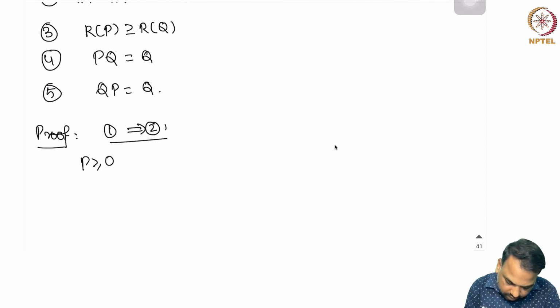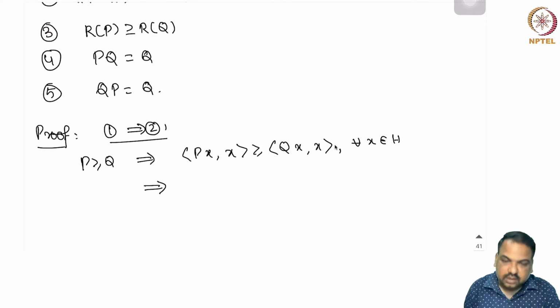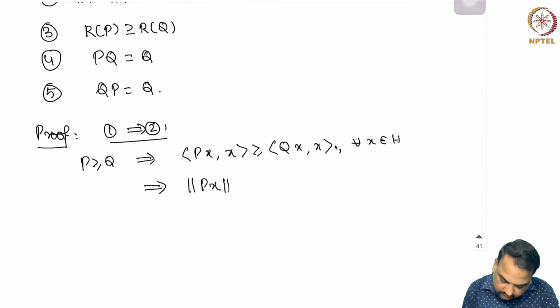P bigger than or equal to Q implies inner product of Px with x is always bigger than or equal to inner product of Qx with x for every x in H. Since P square equal to P and Q square equal to Q, we can replace P by P square, and similarly for Q, and take P to the other side, you will get P star, but P is an orthogonal projection, so P star equals P. So from this we can say that norm Px square is bigger than or equal to norm Qx square for every x.